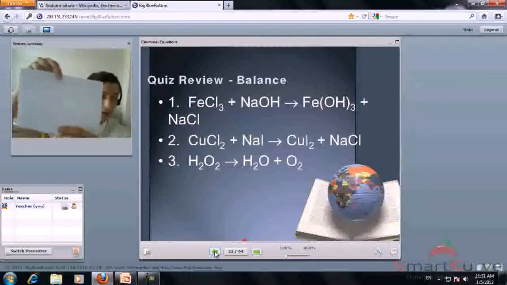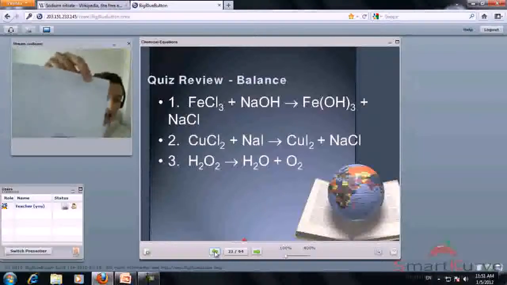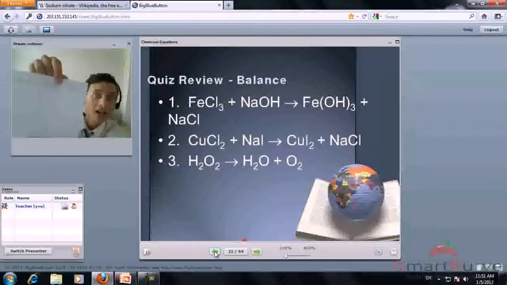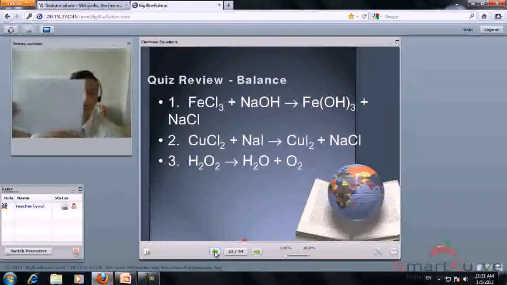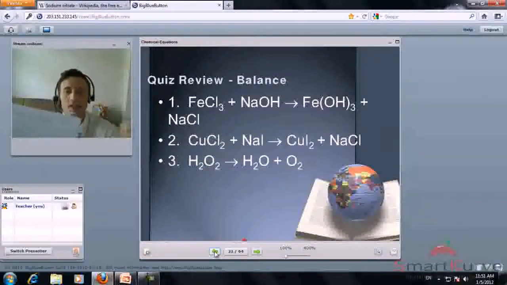Now we have 3 hydroxide ions, and notice here we have a subscript of 3 giving us 3 hydroxide ions in the product side. So now with these 2 coefficients, everything's balanced. The iron is balanced, the chlorine is balanced, the sodium is balanced, and the hydroxide, the OH, is balanced as well.